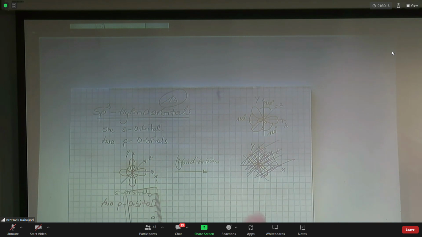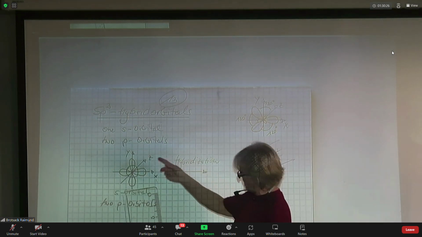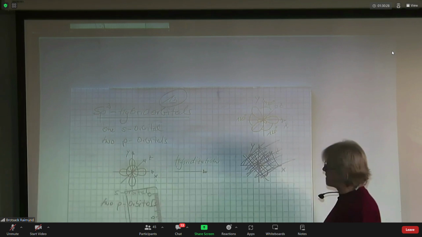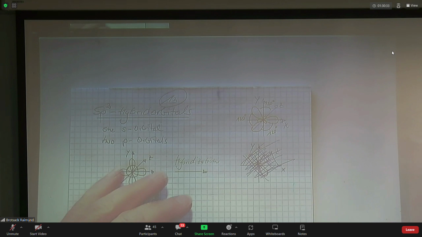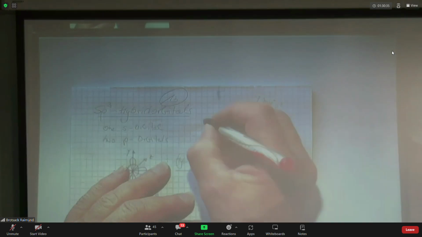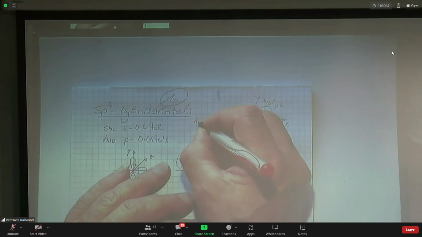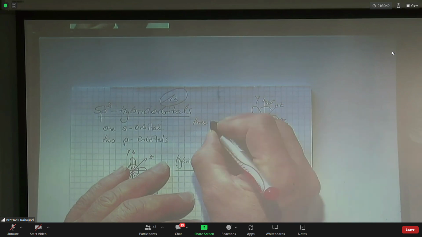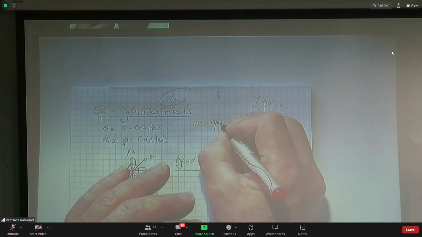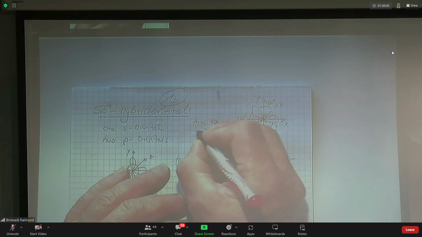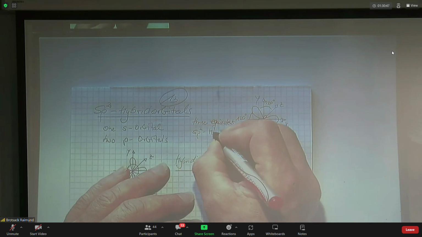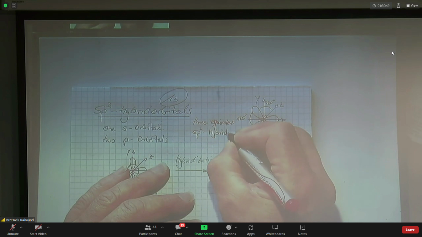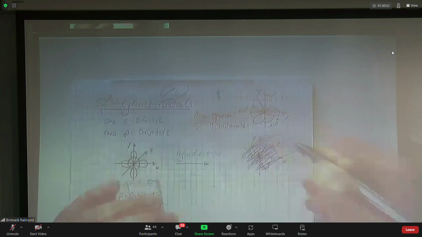Now we have 3 equivalent sp2 hybrid orbitals. S1 coming from S, 2 from the P, so sp2, and these are the 3 equivalent sp2 hybrid orbitals.